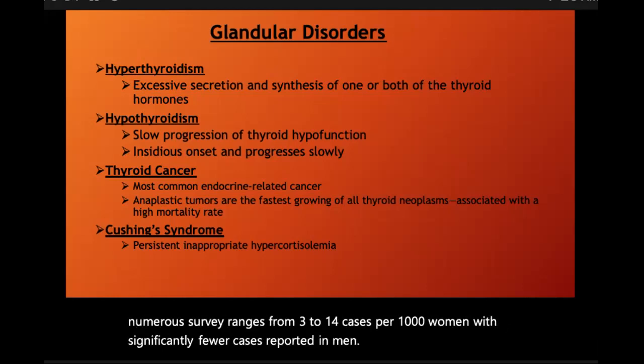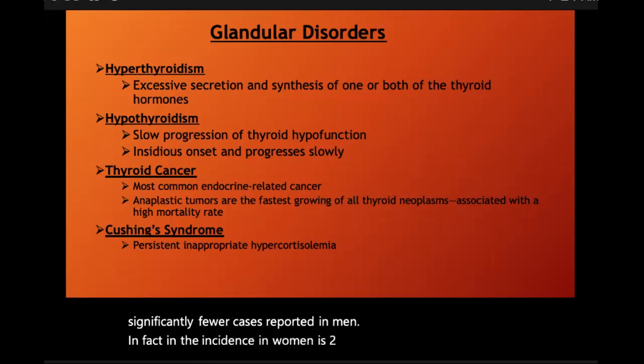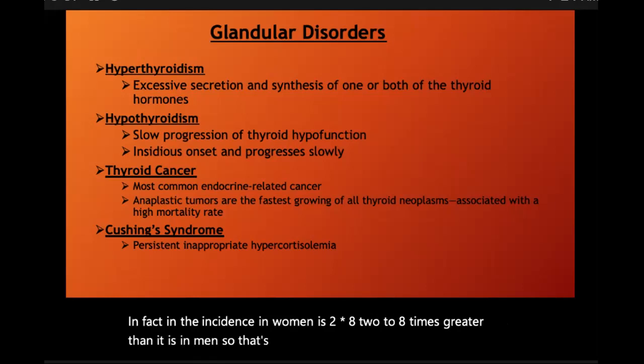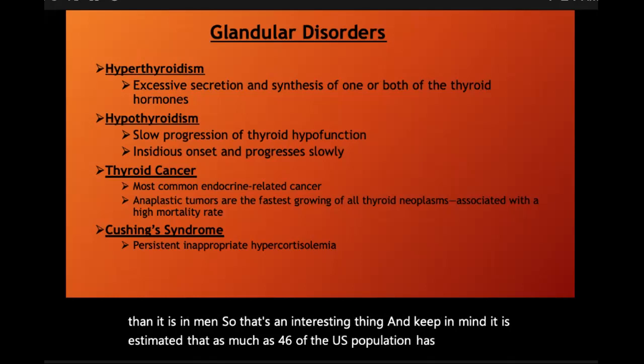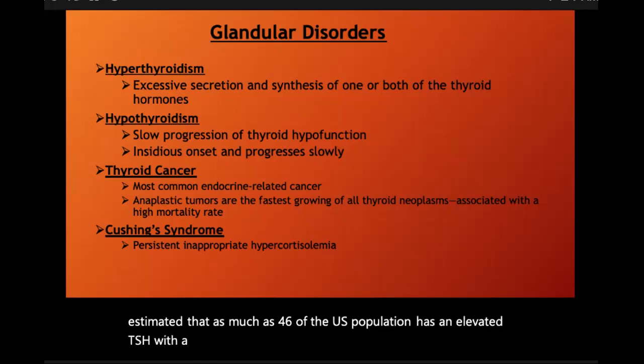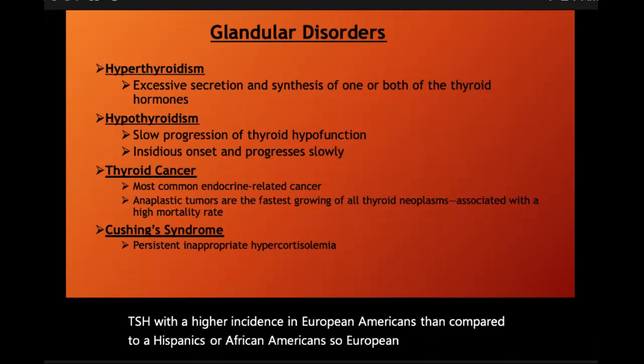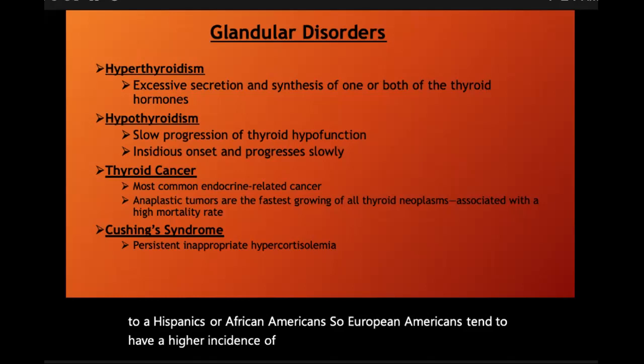In fact, the incidence in women is 2 to 8 times greater than it is in men. So that's an interesting thing. And keep in mind, it is estimated that as much as 4.6% of the US population has an elevated TSH, with a higher incidence in European Americans compared to Hispanics or African Americans. So European Americans tend to have the higher incidence of this.